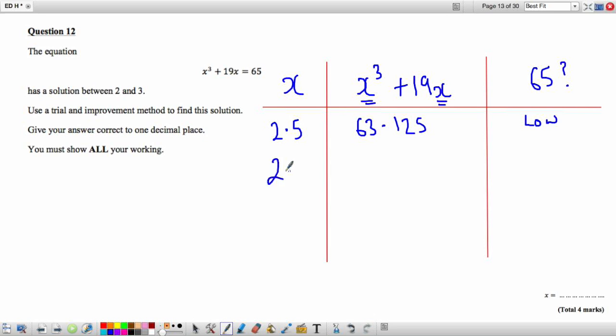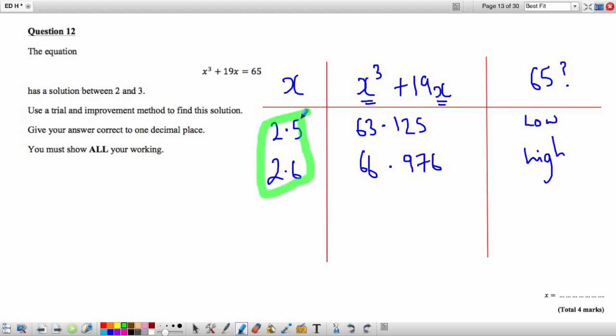Let's go to 2.6. Moving up to 2.6 gives you 66.976. Now this number is too high because it's gone above the 65. So this is the situation that you're looking for, that these 2 numbers here to 1 decimal place are consecutive, 1 is too high and 1 is too low.